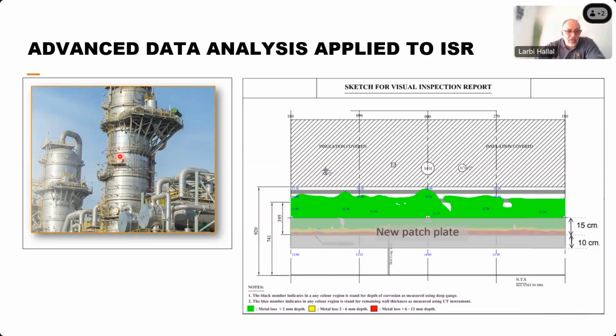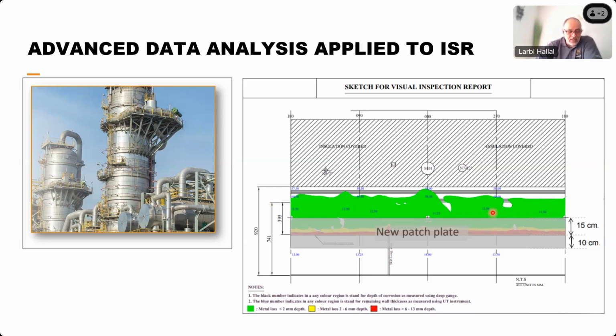If you have any damage on the insulation and you have moisture and water ingress, for example, it's more likely that the humidity will stay on top of the insulation support ring, leading to corrosion, and this is something we need to catch.